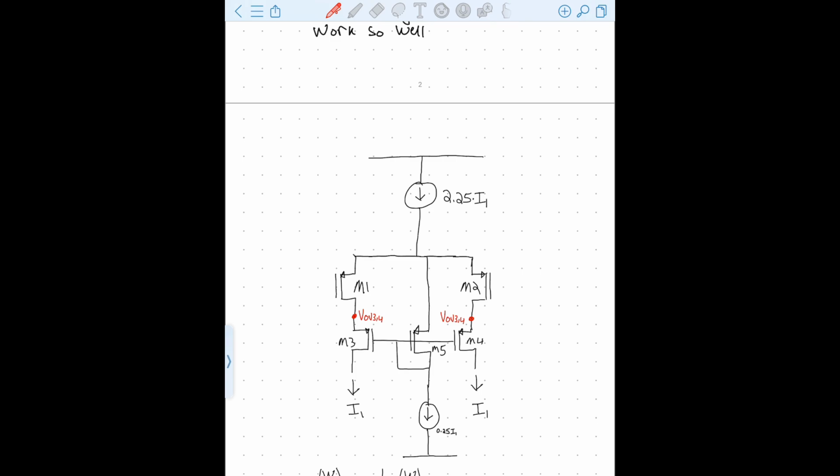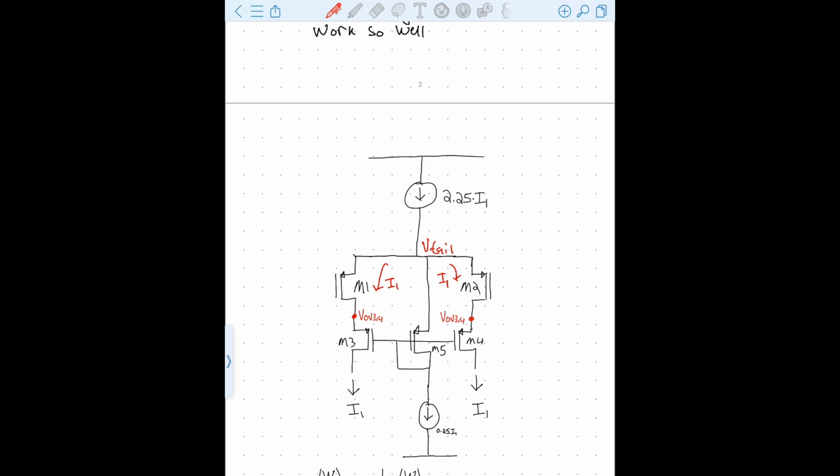So here we have VTail, and what I've done was I've branched off the currents here such that we have I flowing in the left branch, I1, and then we have I1 flowing in the right branch. And there's a current source on the bottom which essentially leeches a quarter I1 away from the top current mirror.